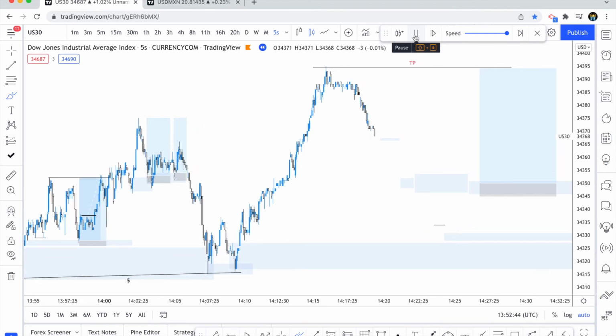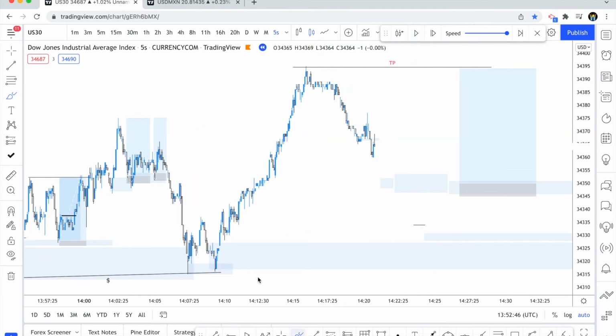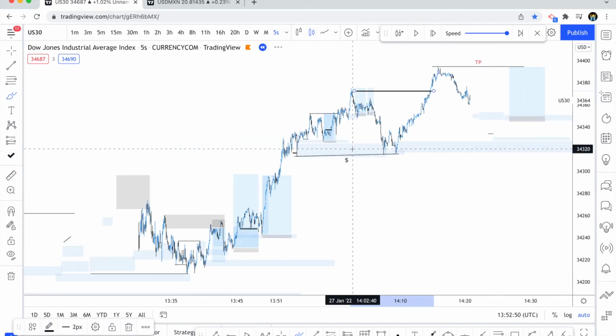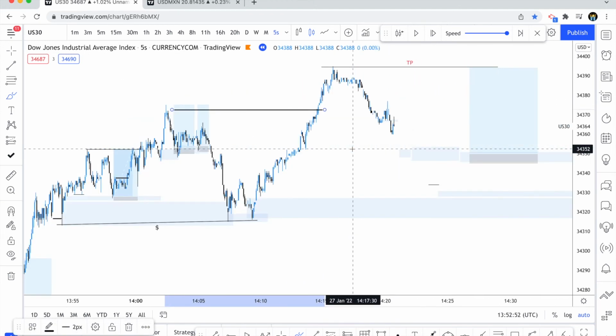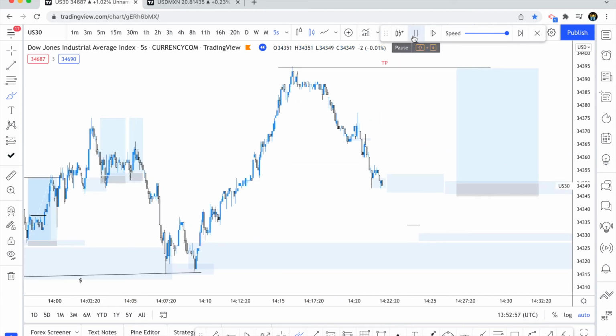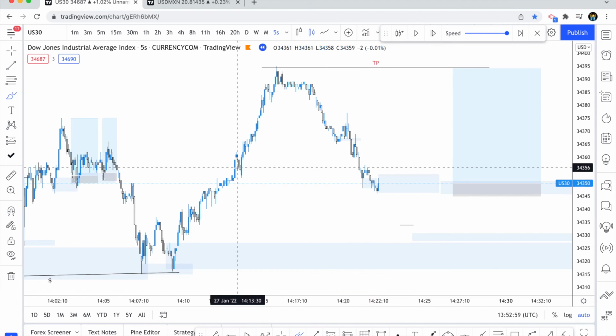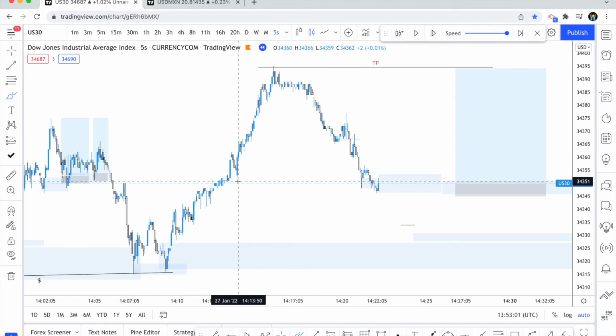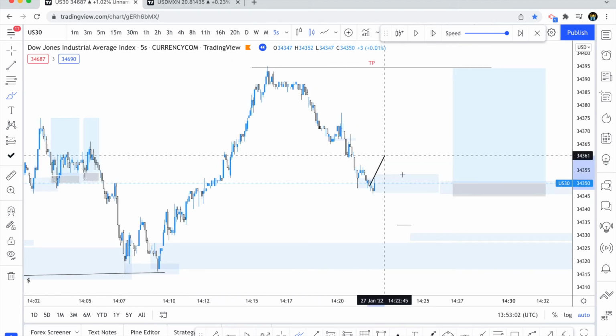Okay, so clearly we had a huge break of structure, all right, telling us that price is indeed bullish. We're going to continue looking for more buys. I don't know what's happening here and why I didn't mark any of this stuff here. But once price got to this area, it was starting to move.